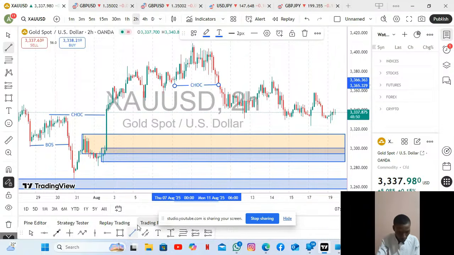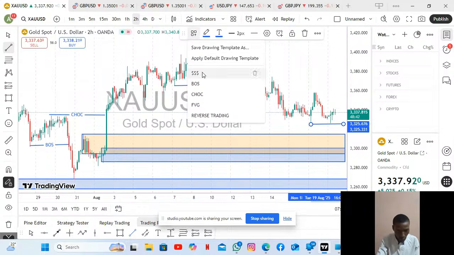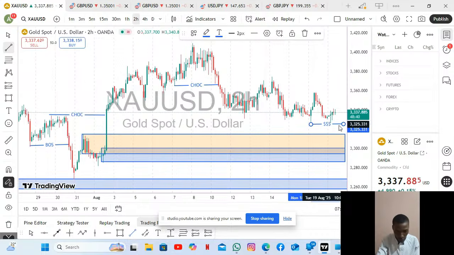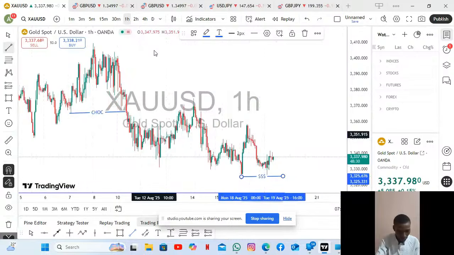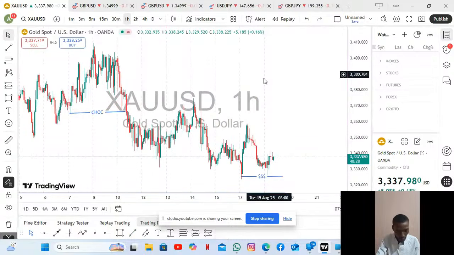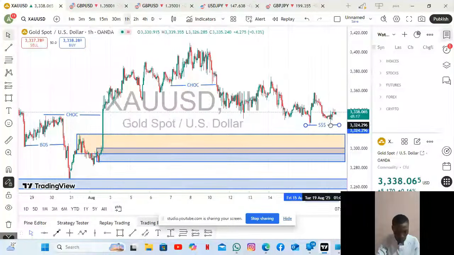And once this liquidity is swept, price will come and tap into our point of interest, either this mitigation block or our order block. But let's see what the 1 hour time frame is saying here. So we have 2 points of interest there on gold, order block and mitigation block.